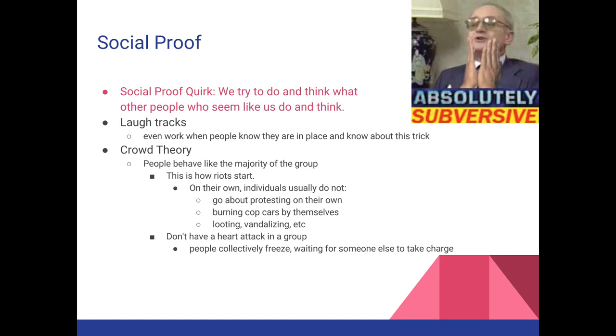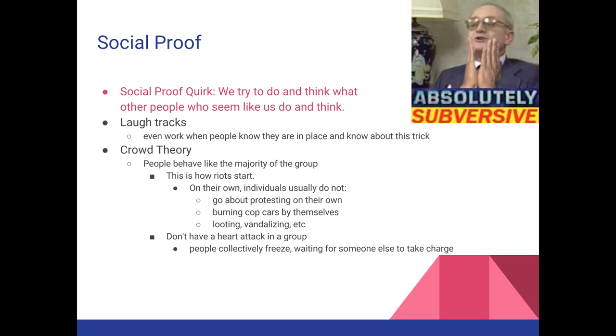Crowd theory is a huge school of, I guess, psychological research, but it revolves around the phenomenon that people behave like the majority of the group, and often the group ends up, in some cases, acting like the most outspoken. And this is how riots start. It really, really is.